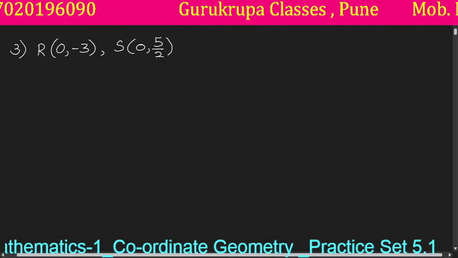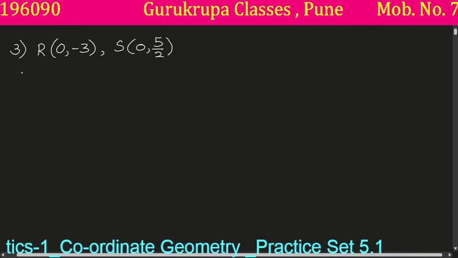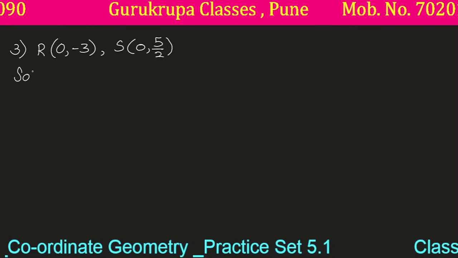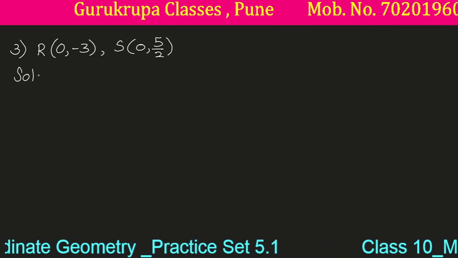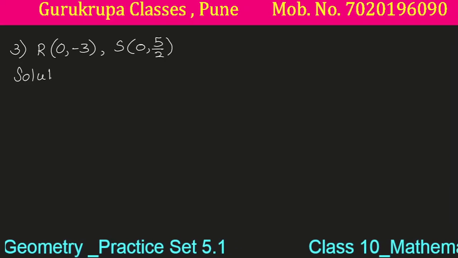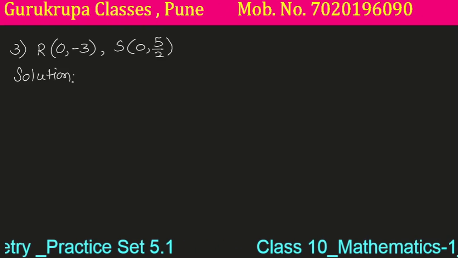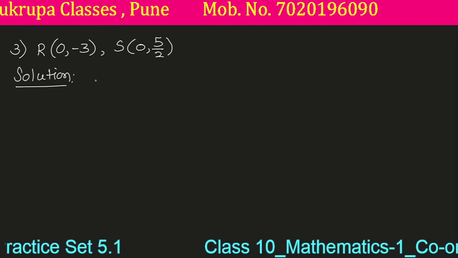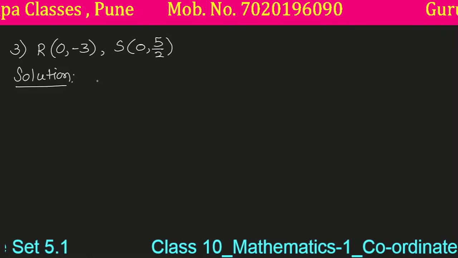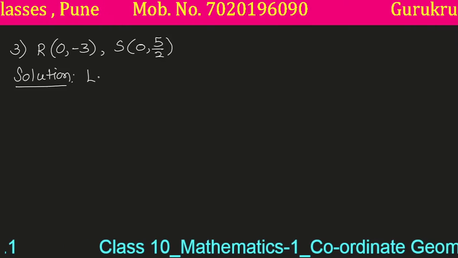So number 3 is going on, in which the coordinates of R are given as (0, -3), and the coordinates of S are given as (0, 5/2).